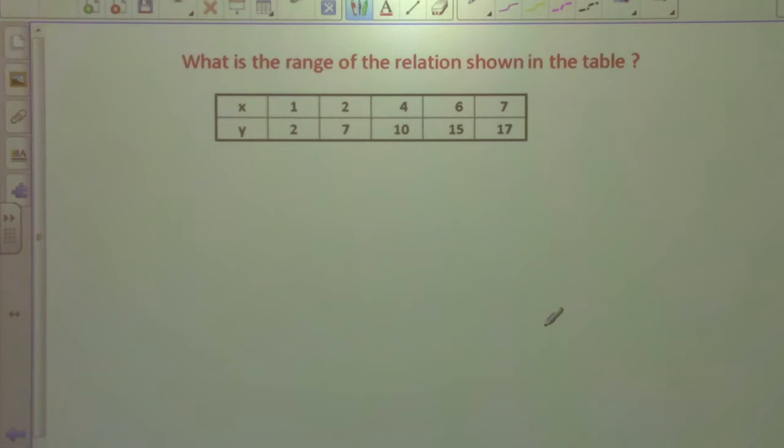Okay, what do you think for this? What is the range of this thing going to look like? 2 to 17. So, like an inequality type form? Is that what you're saying, Ben?